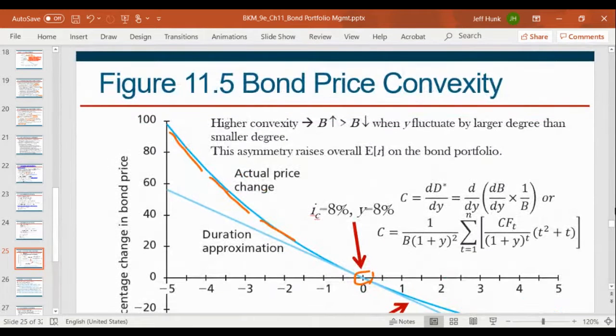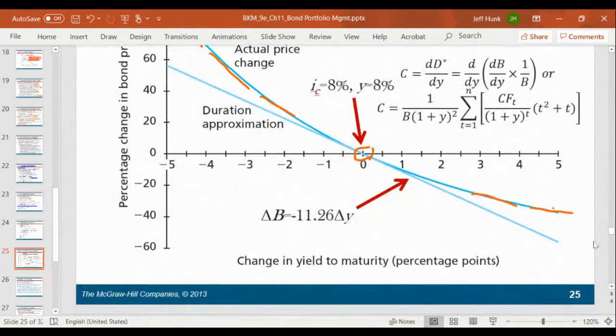So we need to have a better measure of what? Curvature. In other words, we should be able to approximate this curvature by what? Well, by a quadratic function, right?